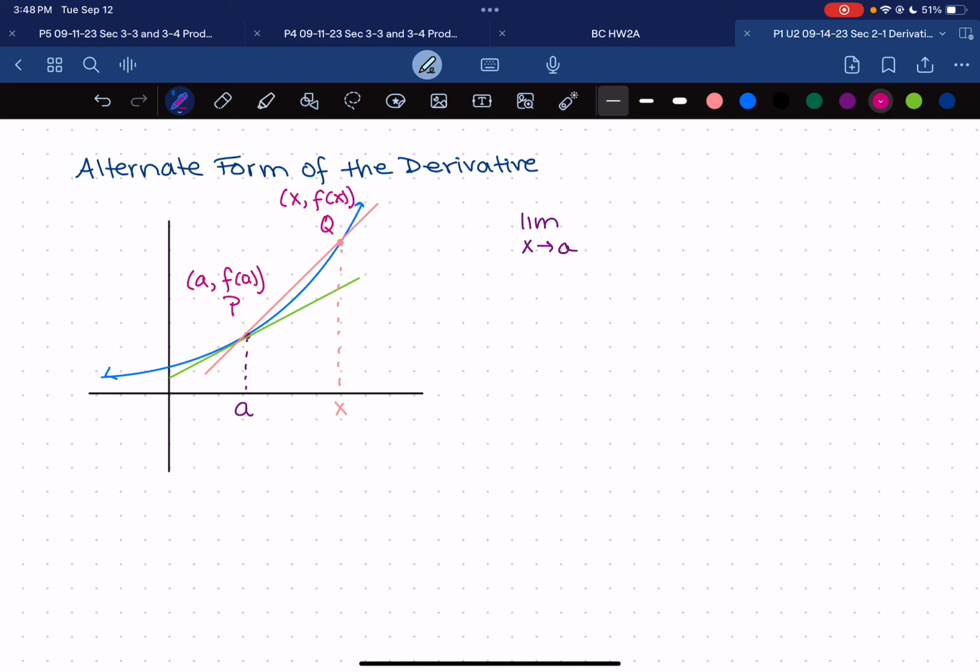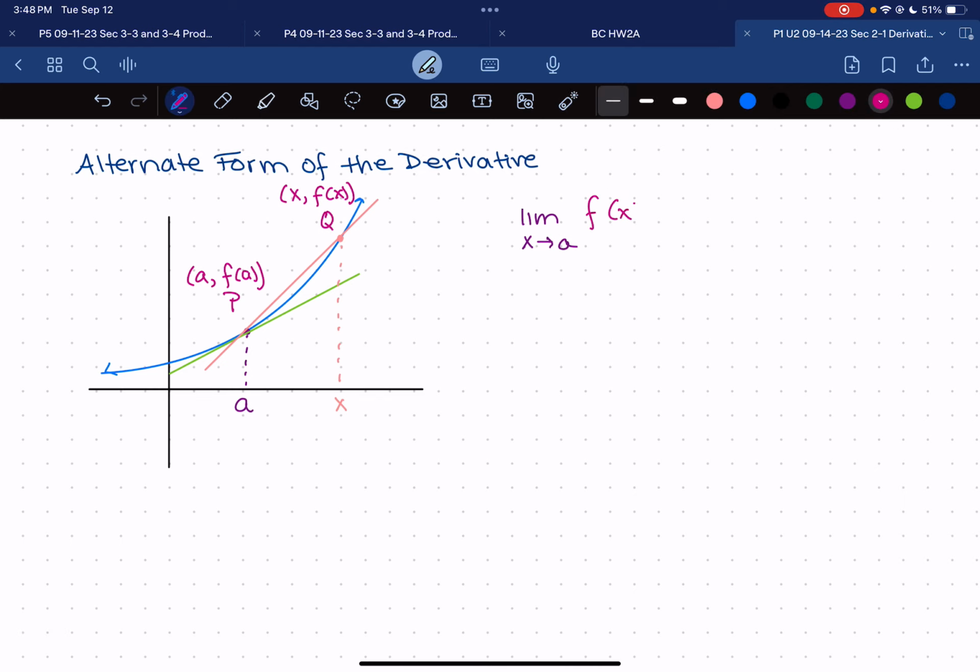So y2 minus y1 over x2 minus x1 looks like this: f of x minus f of a over x minus a.